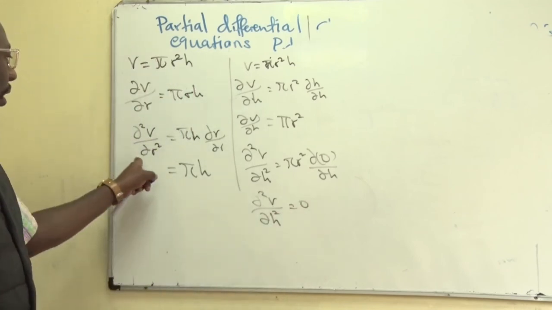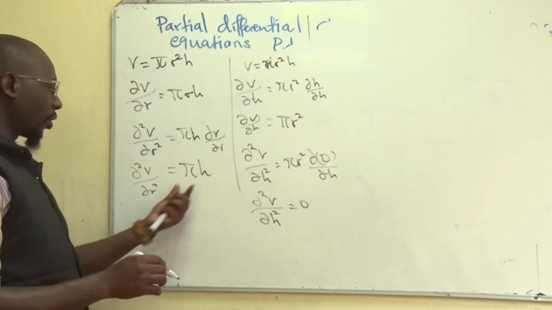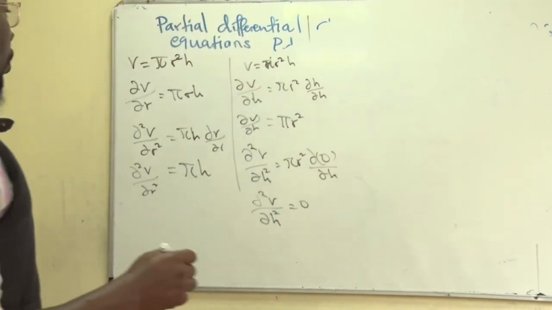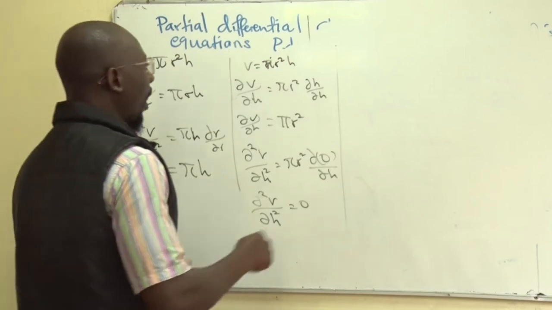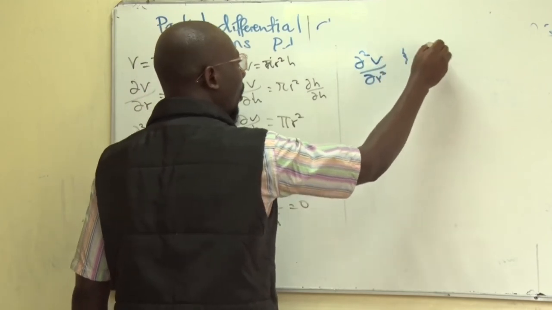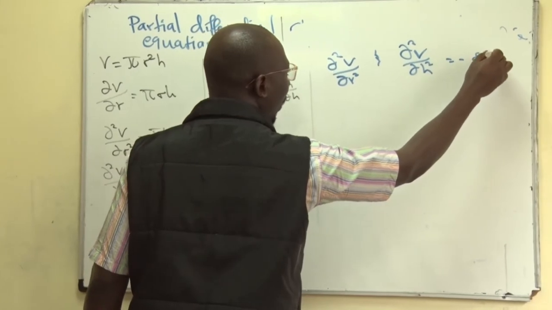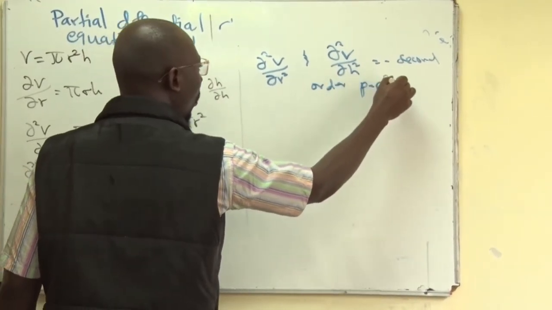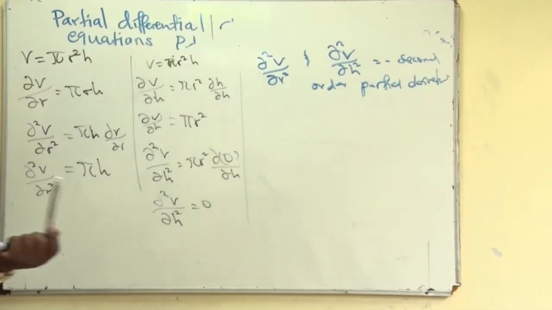So we've seen d squared v over dr squared, which we found to be this one, and d squared v over dh squared, which we found to be that one. So these functions, d squared v over dr squared and d squared v over dh squared, are called second order partial derivatives.